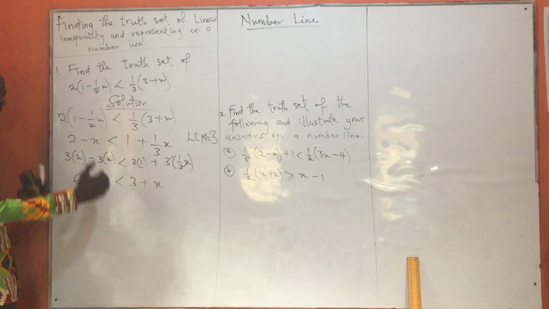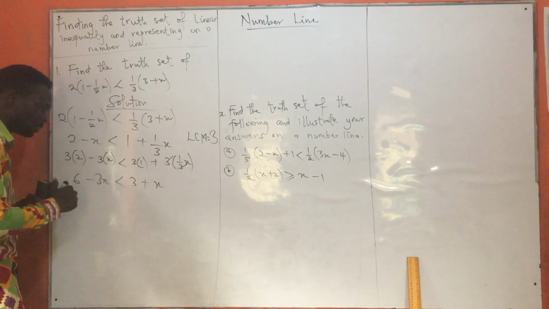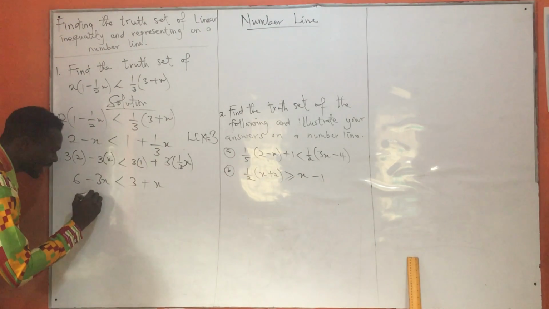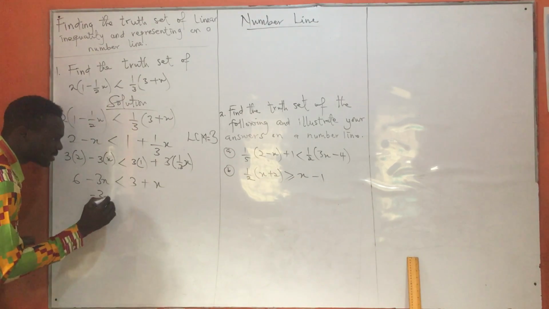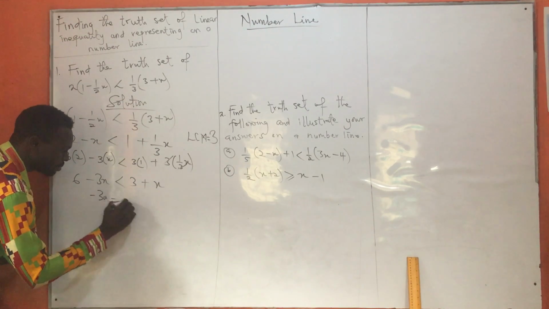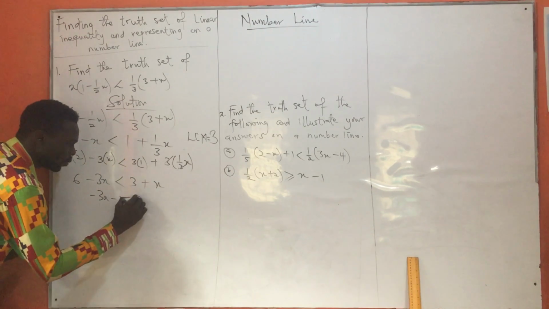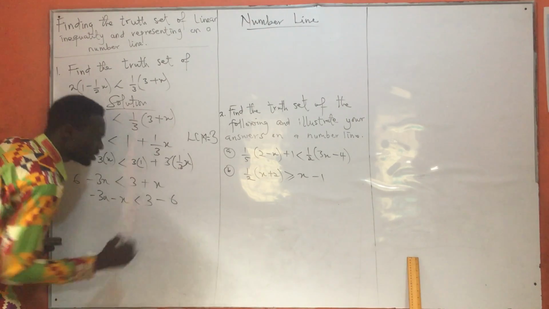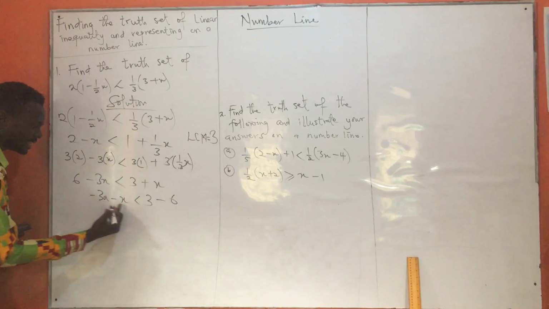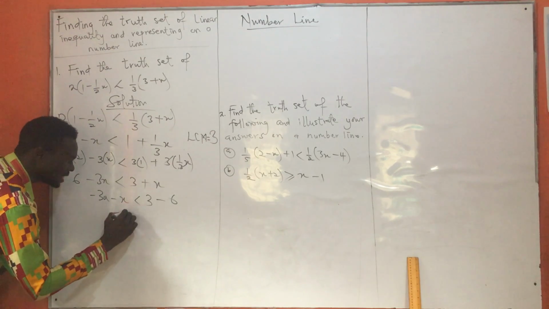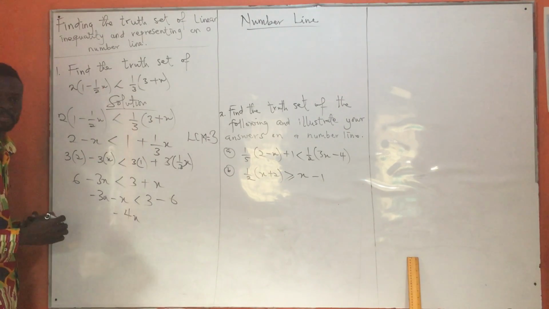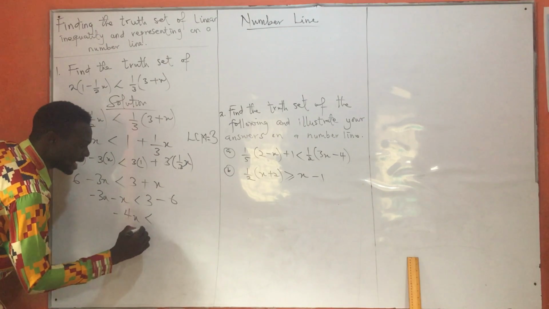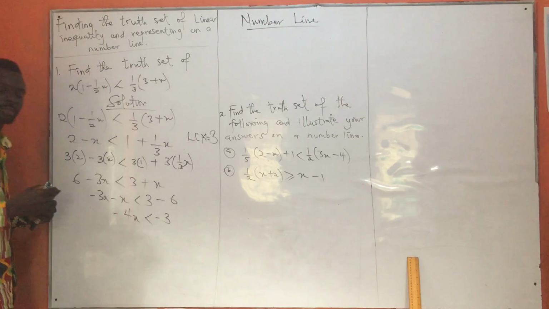When you group like terms, we get negative 3x, then minus x, which is less than 3, then minus 6. Now this gives you negative 4x, which is less than negative 3.